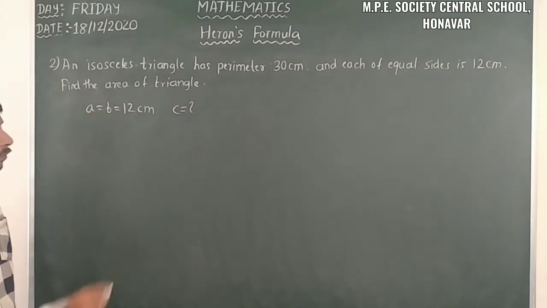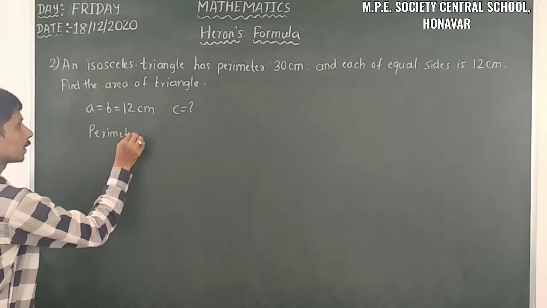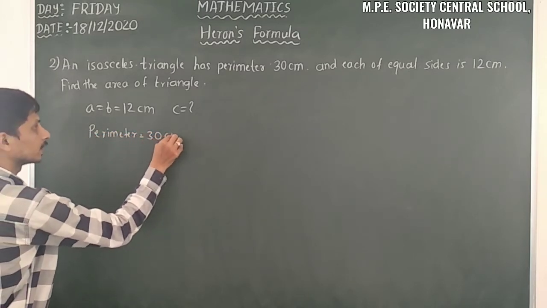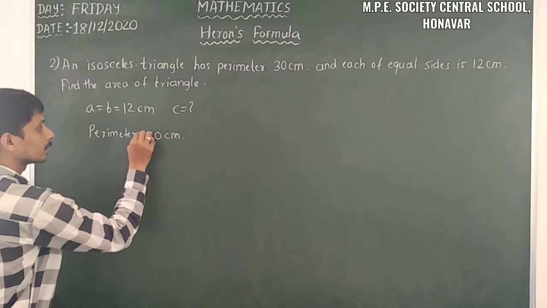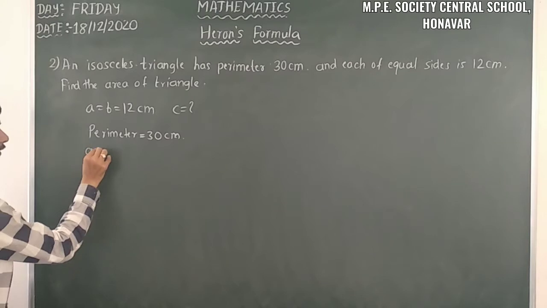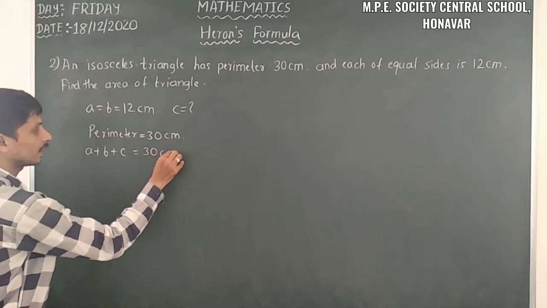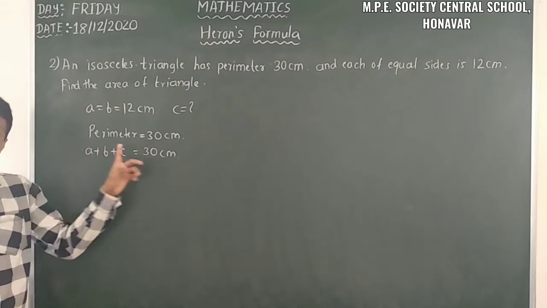Here its perimeter is given. Perimeter is equal to 30 centimeter, and perimeter is equal to A plus B plus C. A plus B plus C is equal to 30 centimeter, perimeter is nothing but the sum of the sides.